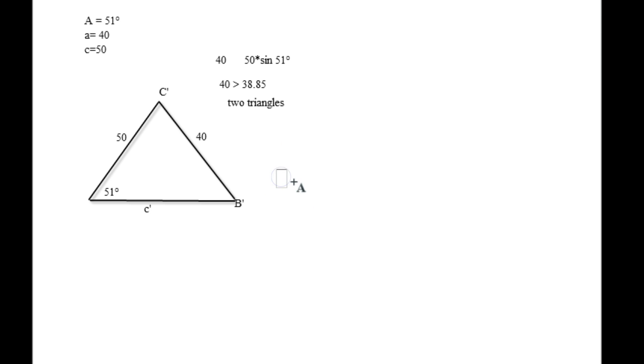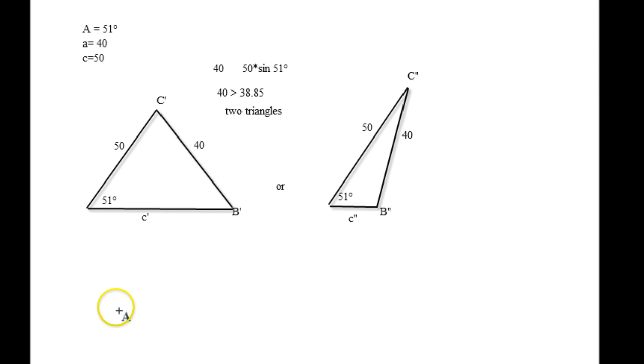Now the other situation that could happen is I could have a totally different type of triangle with the same measurements. This is kind of cool. This would be 51. So I have these two situations set up right here. Now here's the tricky part, working with this one.